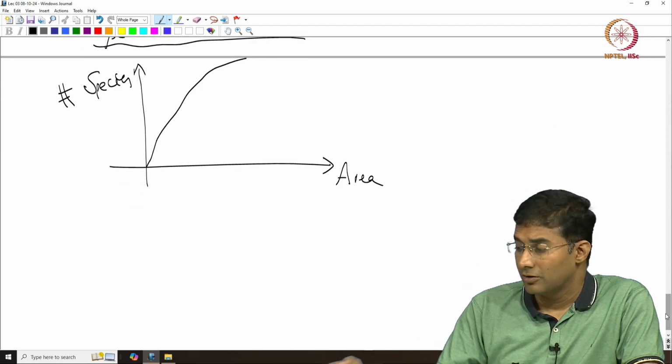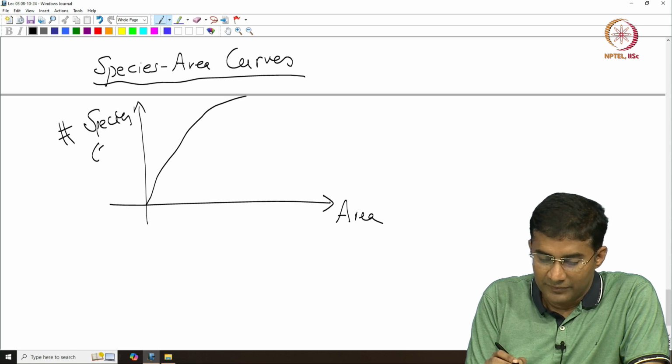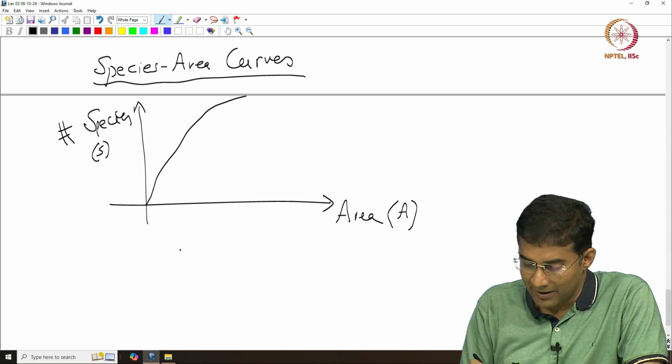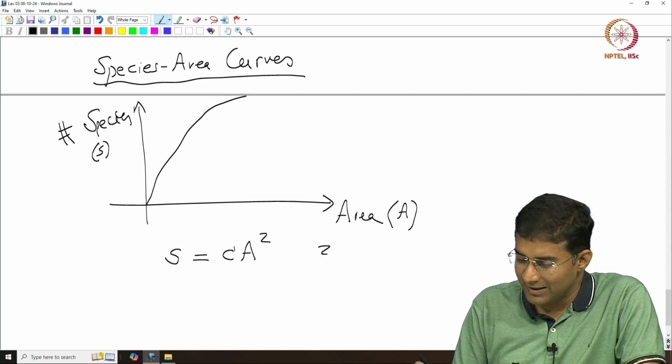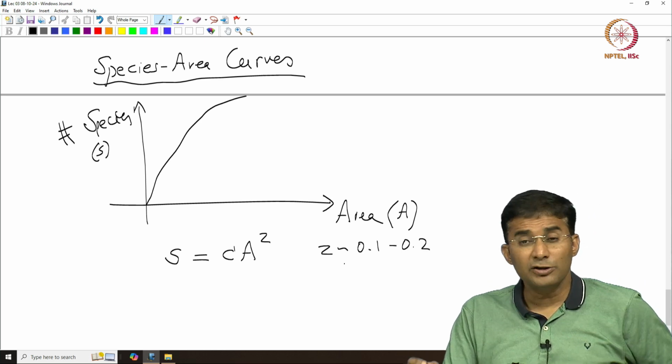In fact, empirical fitting of these data shows that if we denote the number of species by S and area by A, S follows a power function of this form, where typically Z is of the order of 0.1 to 2. Okay. So, this is actually not an integer value.